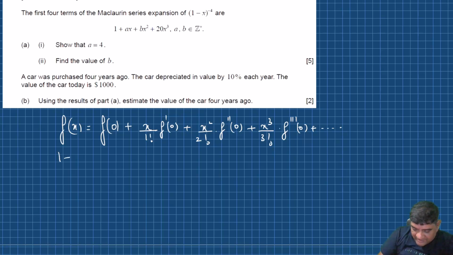So I'm going to write the expansion of (1 plus x) to the power of n, and understand here n is a rational number. It's going to be 1 plus nC1, which is basically n, into x to the power of 1.